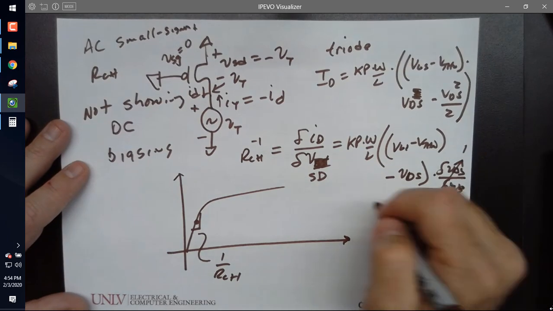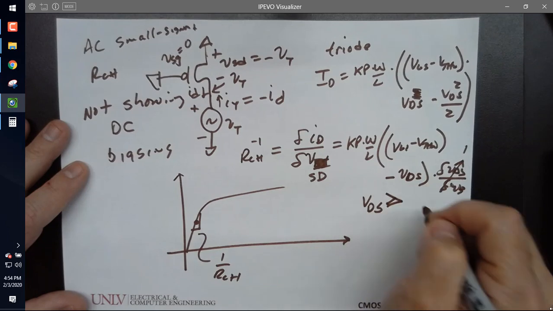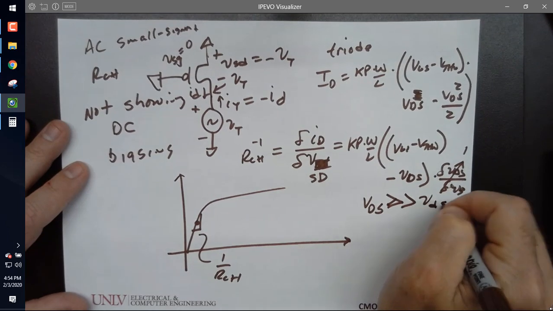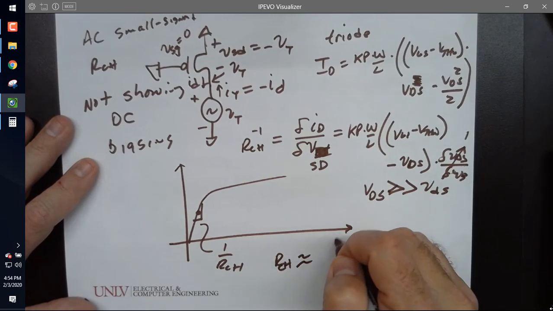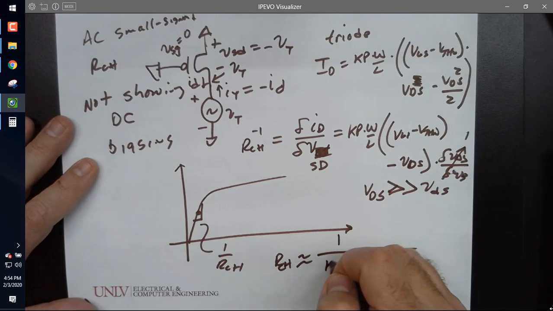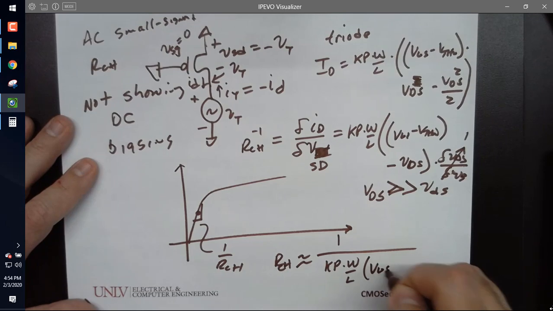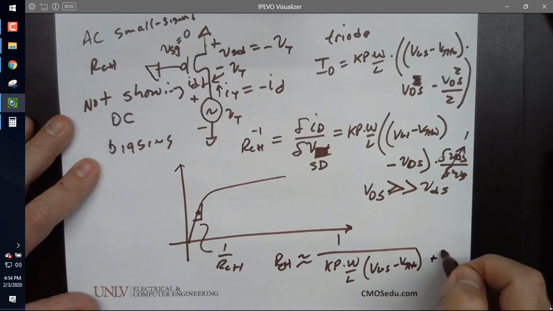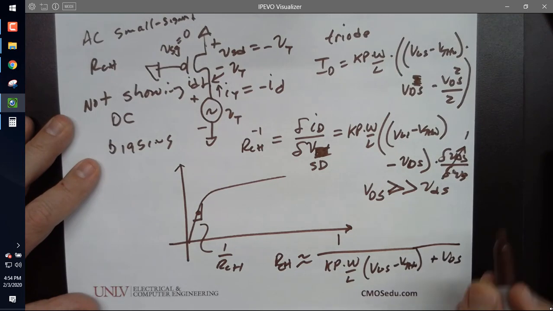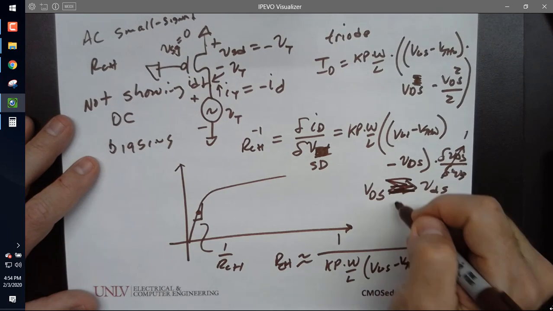So if the DC is much, much greater than the AC, this approximates to R channel is approximately 1 over KP times W over L times VGS minus V threshold N plus the VDS. And a lot of times you don't need the VDS because it's assumed much, much less.